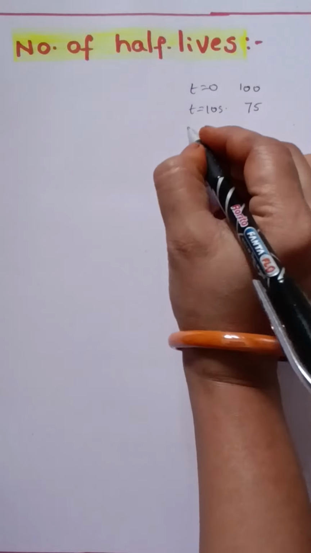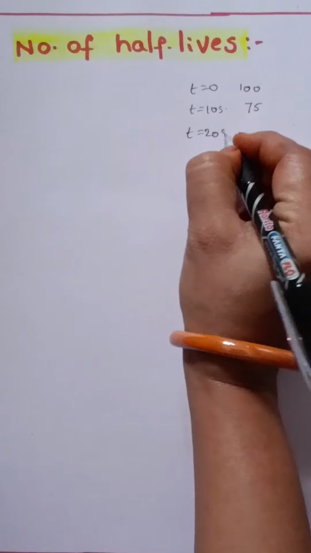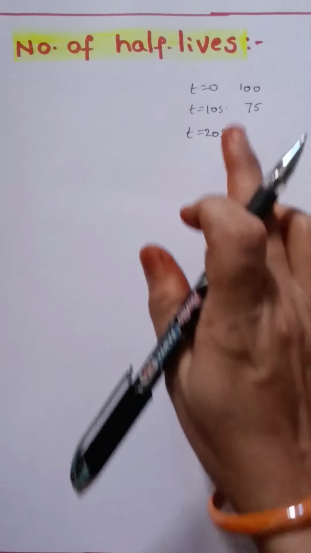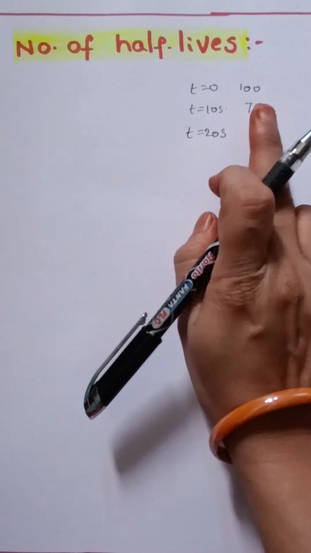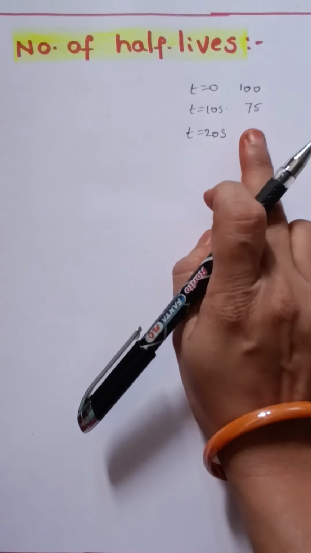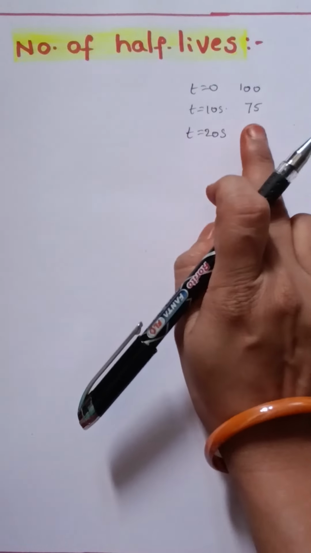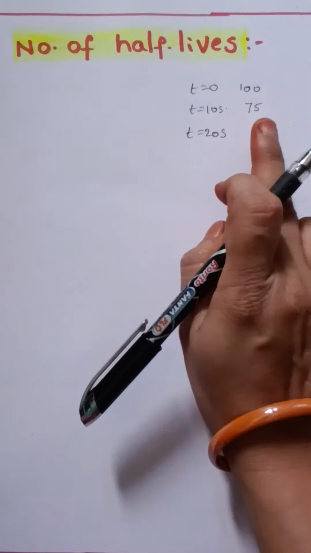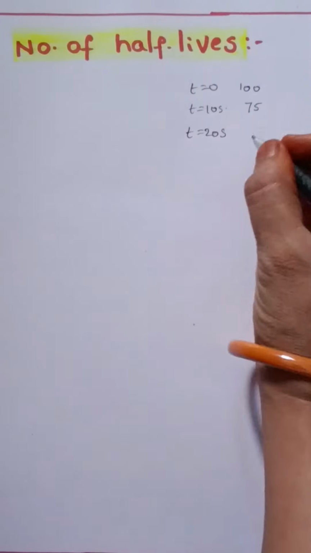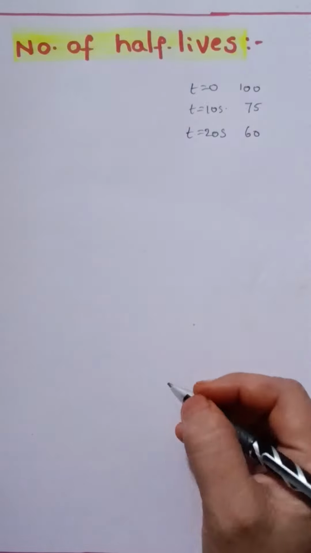Now, after t is equal to 20 seconds, here 25 atoms disintegrate, so the number of atoms after t is equal to 20 seconds is 50. But it is not right. It may be 60.